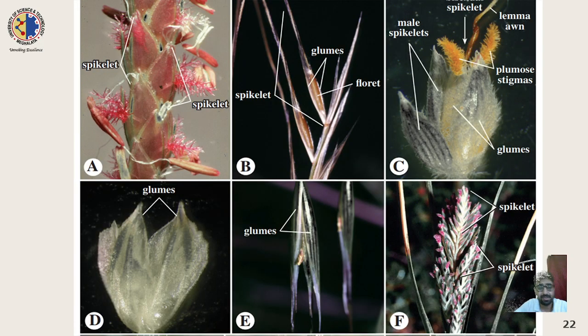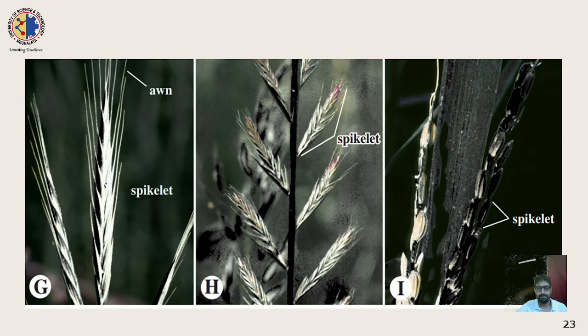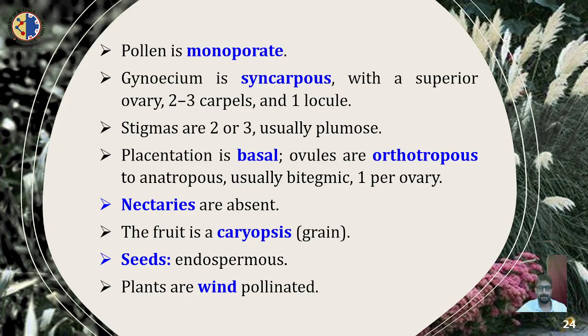Again, some spikelets of different species of Poaceae can easily be observed. Any inflorescence of Poaceae will have these brackets, glumes as well as lemmas and paleas present. Again, spikelets of different species.